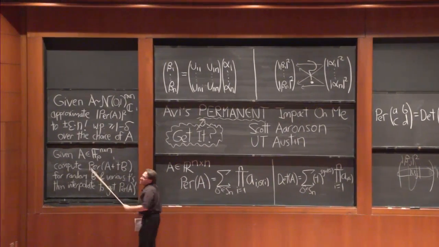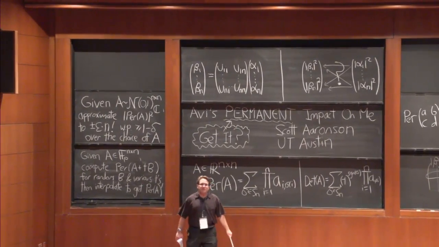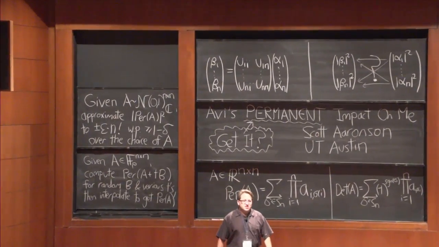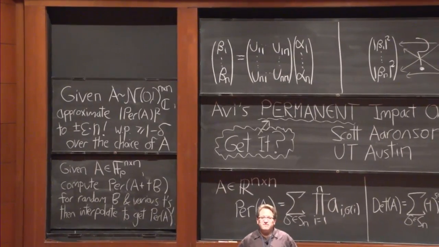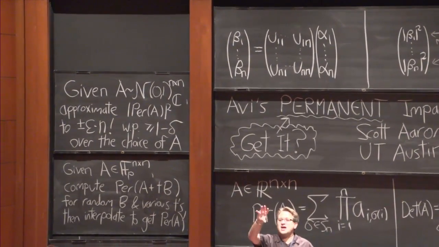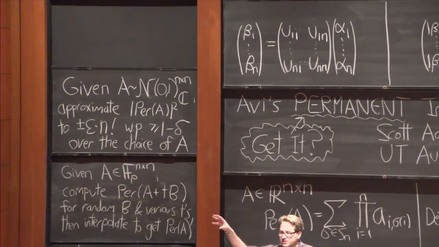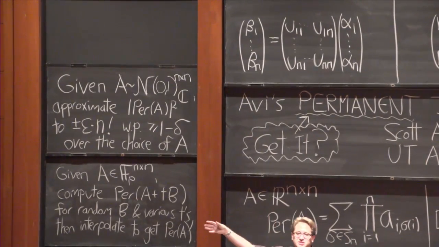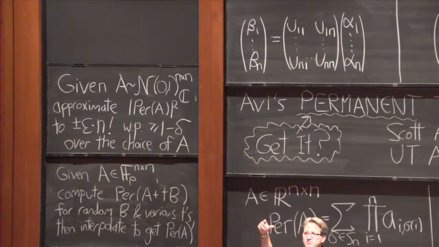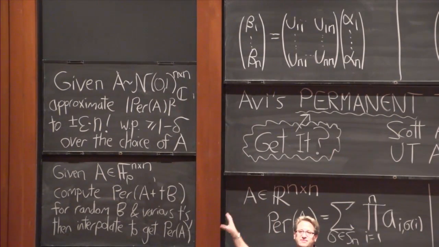The problem is that you are given a random n by n matrix, an n by n matrix of independent, IID Gaussian entries, let's say with mean 0 and variance 1, or with the real and complex parts each drawn from an independent Gaussian.